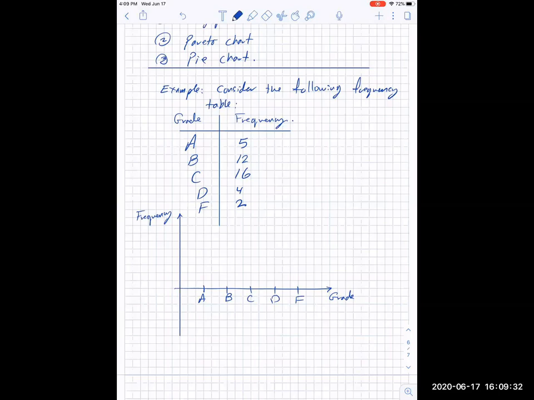Here I'm gonna go up by 2: 2, 4, 6, 8, 10, 12, 14, 16.